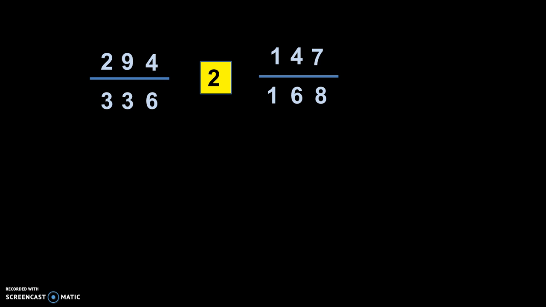If we use the digit sum rule, the digits in the number 147 add up to 12. The digits in 168 add up to 15. So both of those are multiples of 3. That tells us that 3 is our next common factor. So dividing top and bottom by 3 gives us 49 over 56.